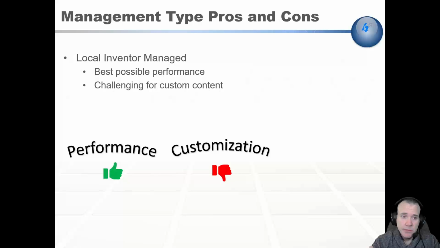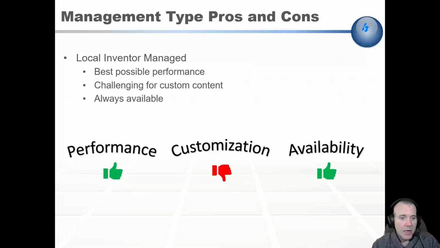Now, if you're a single user, this is the best way. If you're the only person in your environment using Inventor, or if you just work at home and you're using Inventor to do design work, local's the best way, no question. But if you're in a group and you're going to customize content, it's really by far the worst way to manage it.